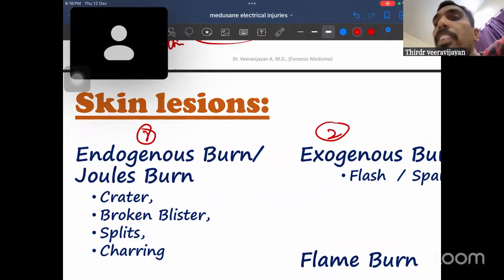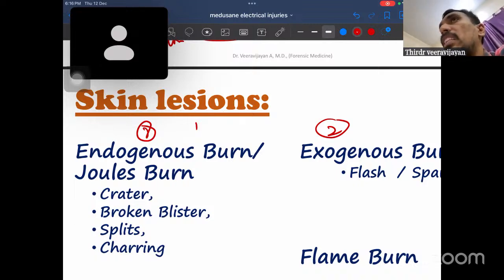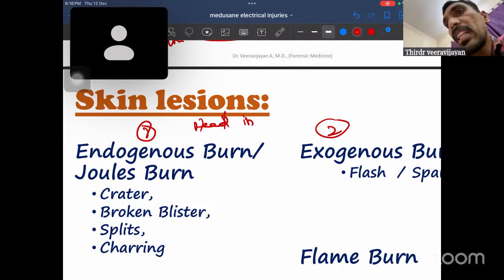The main difference between endogenous and exogenous burns is that in endogenous burns, the heat is produced inside the body. That is, a person touches a live wire. Here the heat is transferred to the body of the individual. There, the heat will denature the protein. Here, heat is produced inside the body.